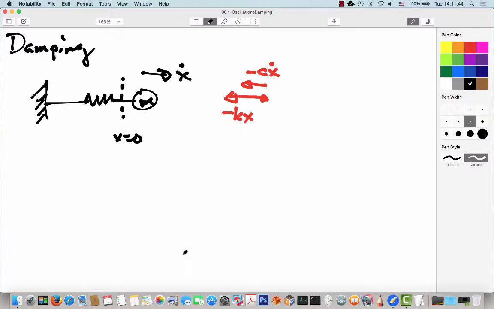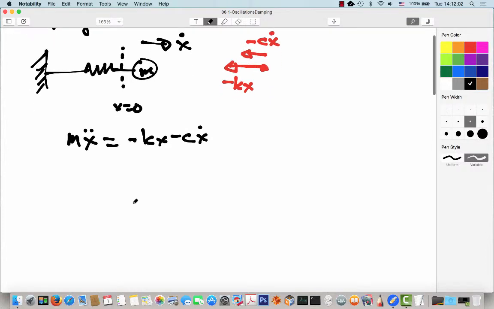In any case, we can go ahead and write Newton's second law for this. So m x double dot equals minus kx minus cx dot. All right, so let's work to get this into standard form.